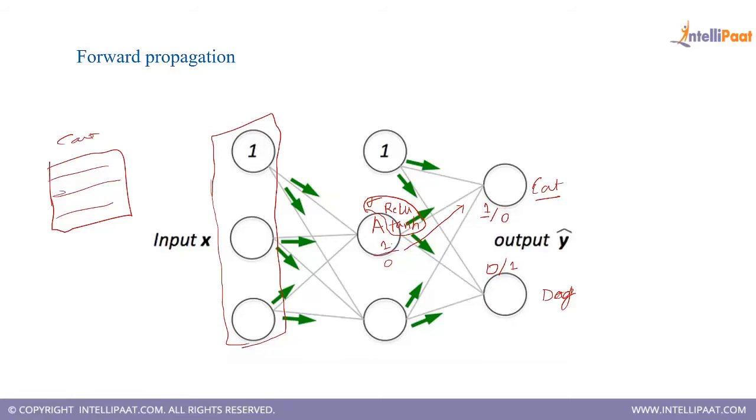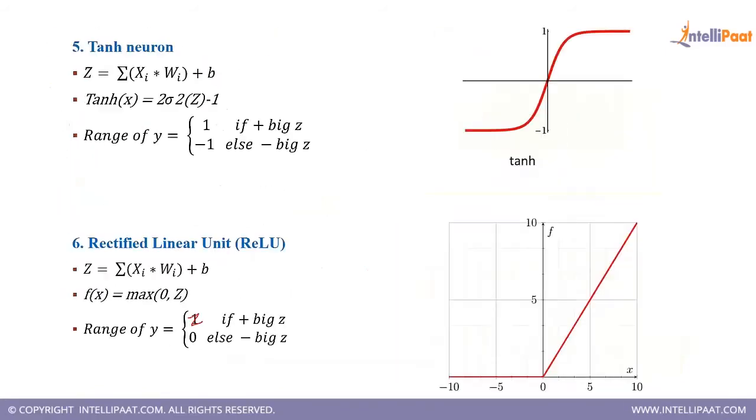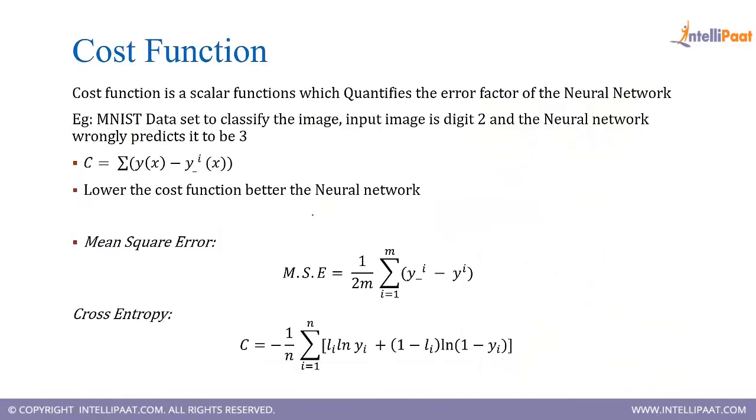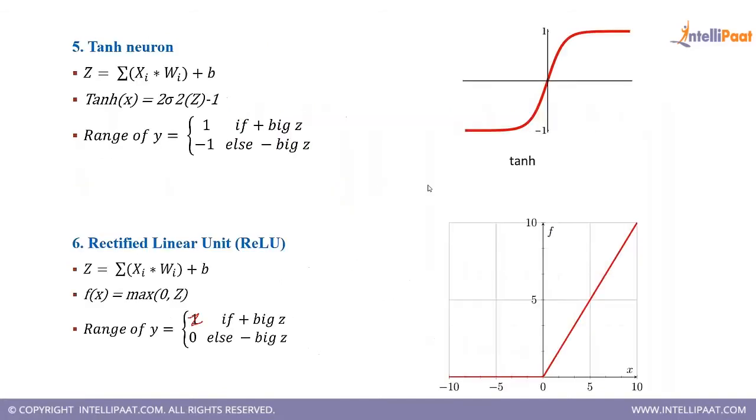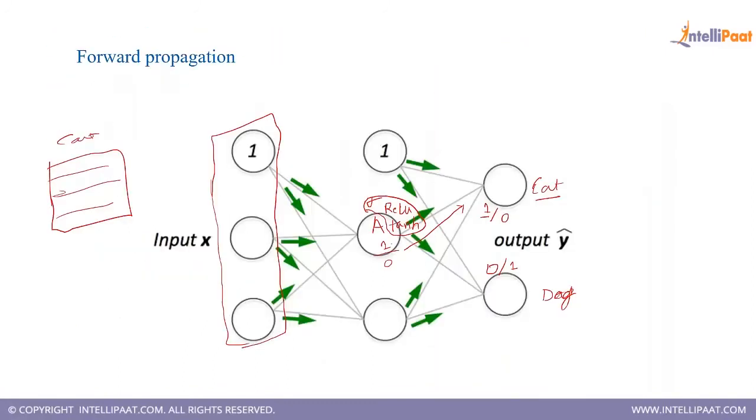Okay. Sometimes what happens is you predict the value incorrectly. So for that, you need a cost function. What the cost function does is it tries to quantify the error of a neural network, that is, how well the neural network is performing based on the actual value versus the predicted. Let's say this was a cat, but you got the outcome as dog.